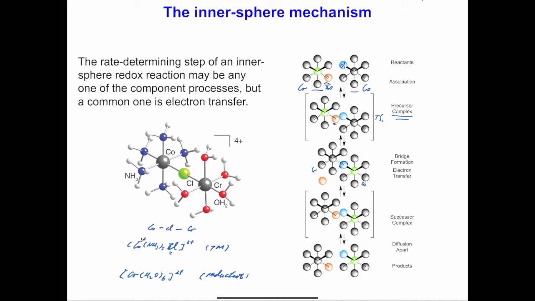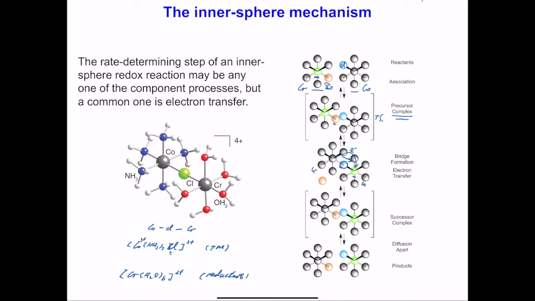Now the chloride is bridging these two parts, and when they form this bridging complex, the electron moves from chromium to cobalt. Initially the chromium metal is green, which means it has an electron, and after complex formation you see cobalt become green. That means the electron moved from chromium to cobalt.